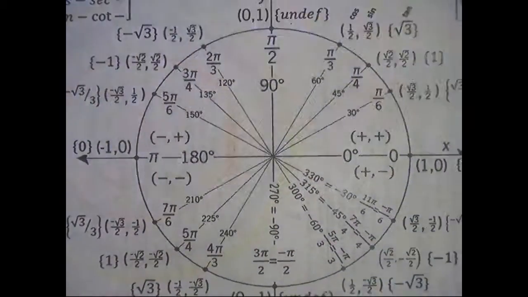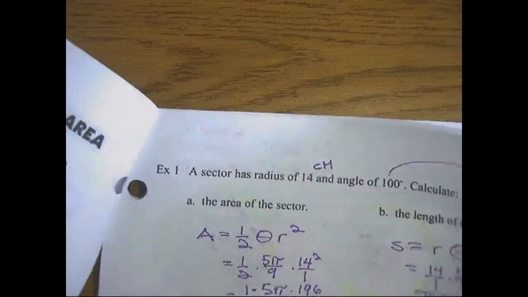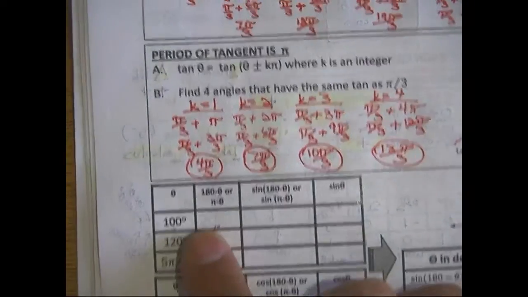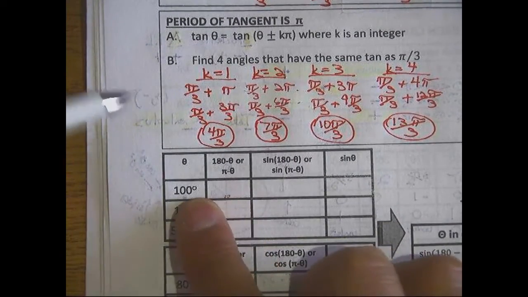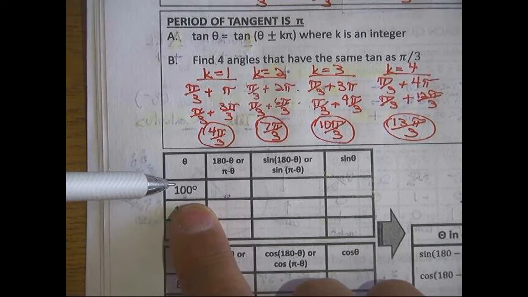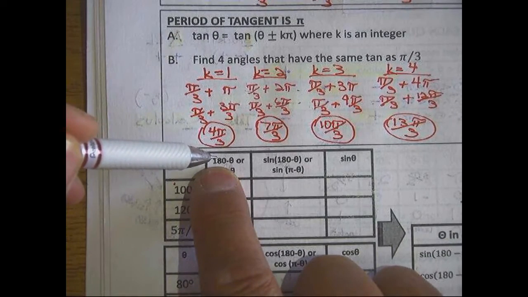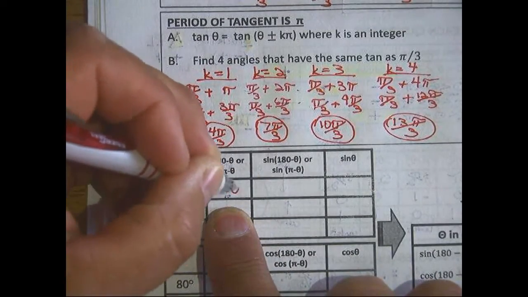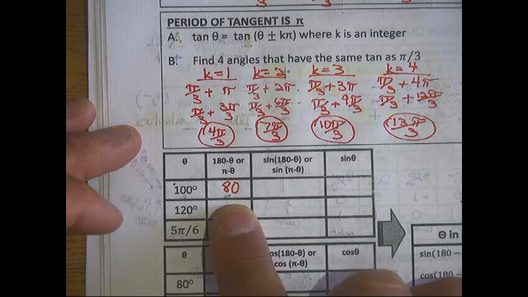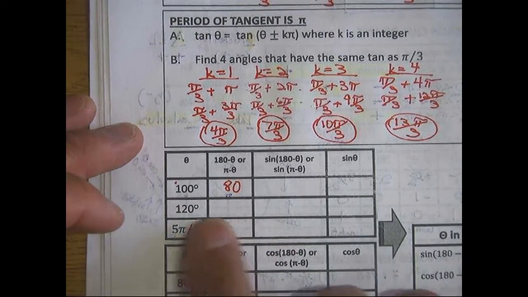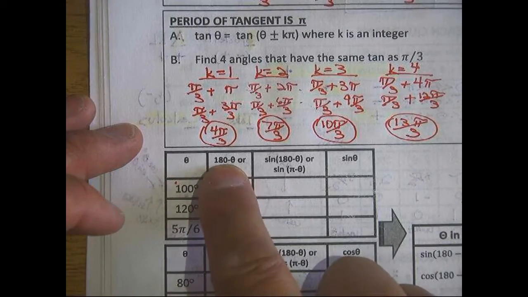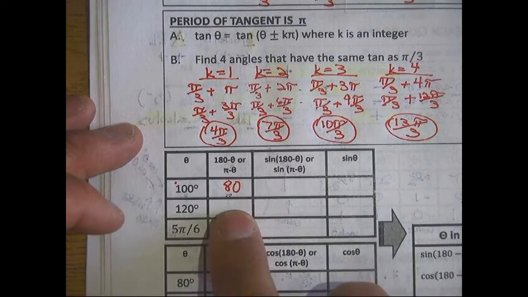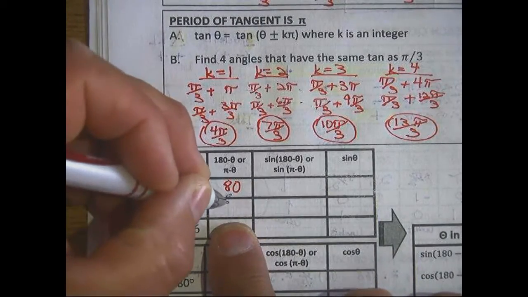Now, when we look at these numbers using this chart, let's see what else happens with sine and cosine. You got an angle that's 100 degrees. Now do 180 minus 100, and you get 80 degrees. If we did 120, 180 minus 120, that's 60.